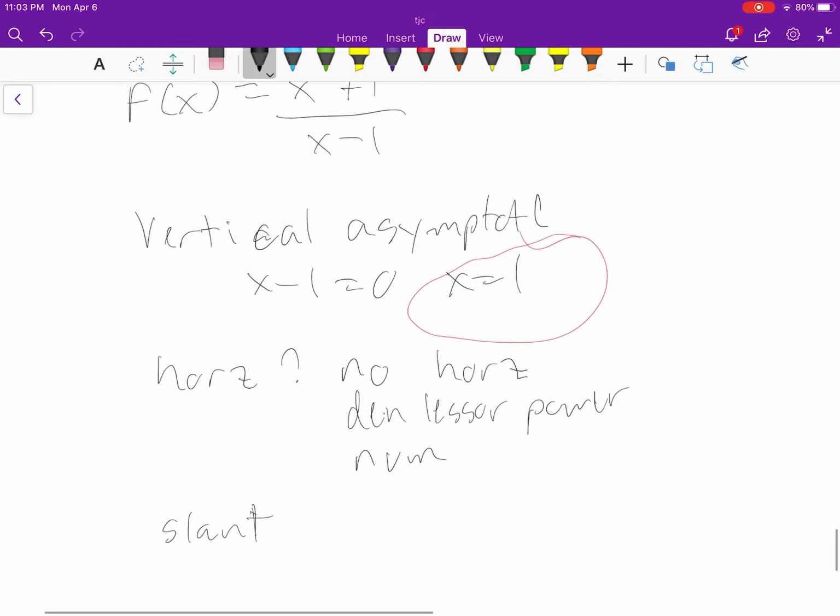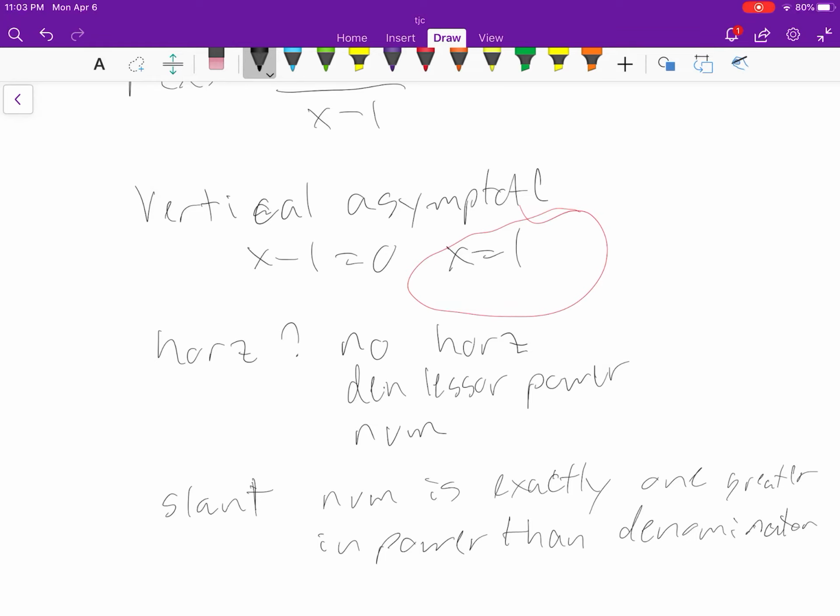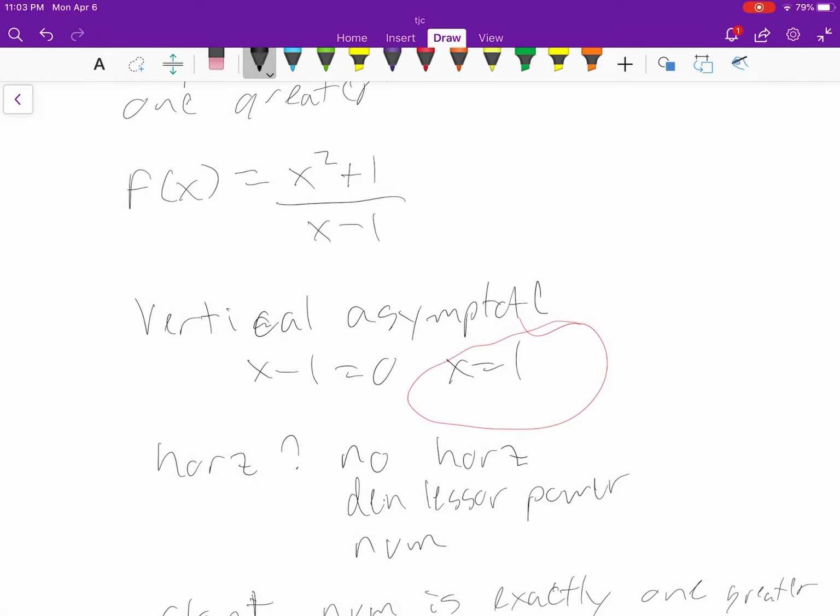The answer is yes, because the numerator is exactly 1 greater in power than the denominator. If you notice up here, this is exactly 1 greater than the understood 1 that's there. Now if it had been x cubed plus 1, then we wouldn't have a slant either. We'd have neither a horizontal nor a slant. All we'd have is this vertical.